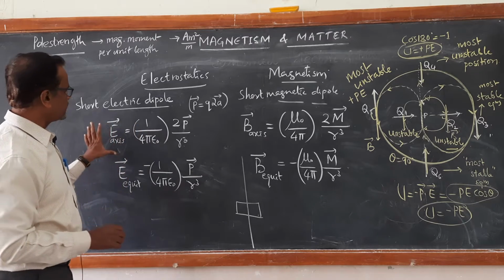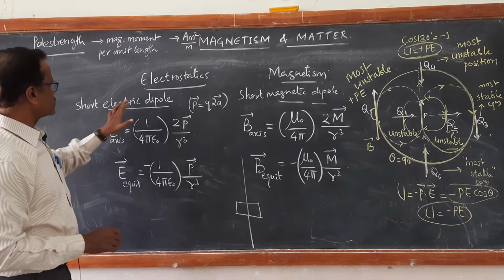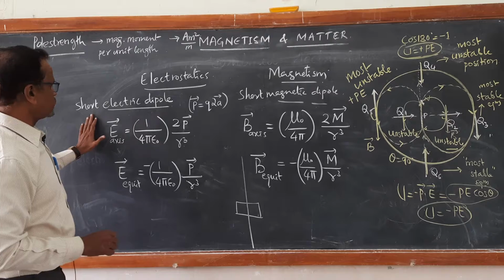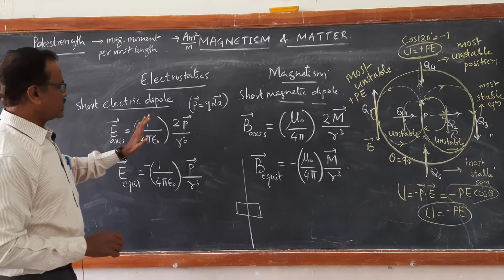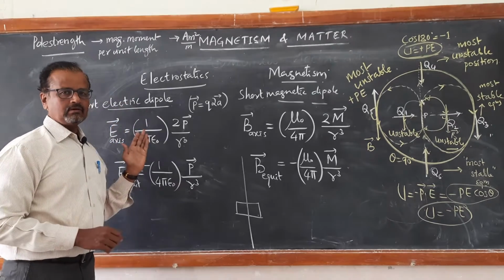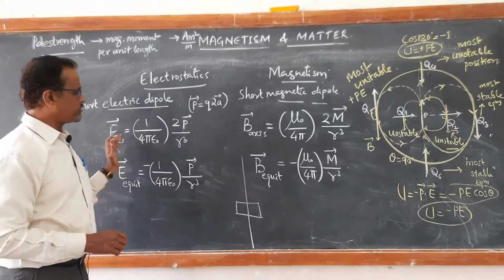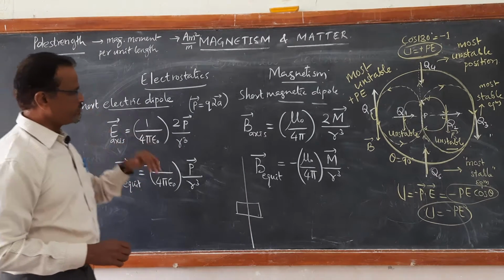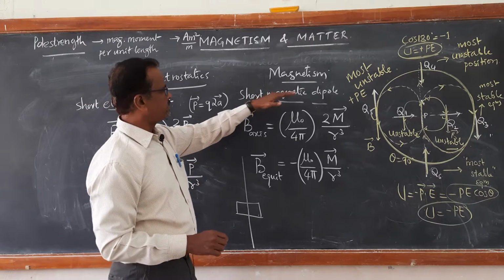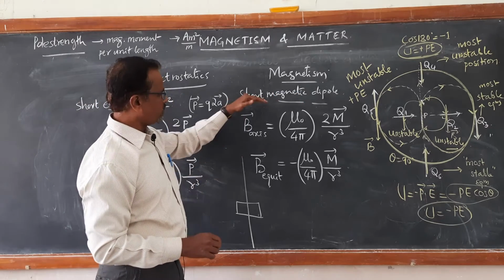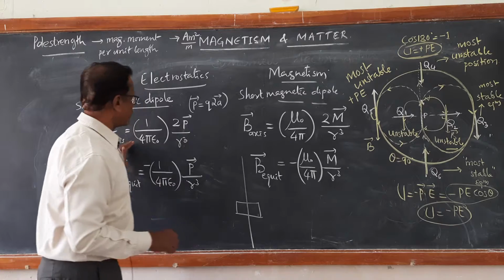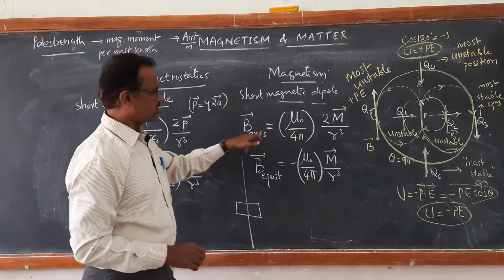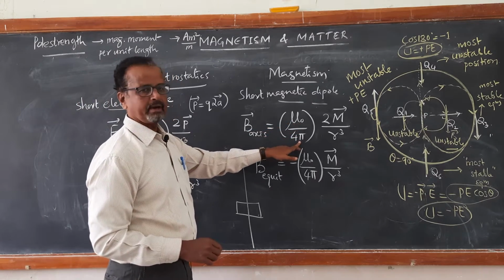This is what we have learnt in electrostatics for a short dipole, and a short dipole is one for which the length of the dipole is negligible compared to the distance r. In the same way, we can write for a magnetic dipole. For a short magnetic dipole, the field along the axis is mu naught upon 4 pi.